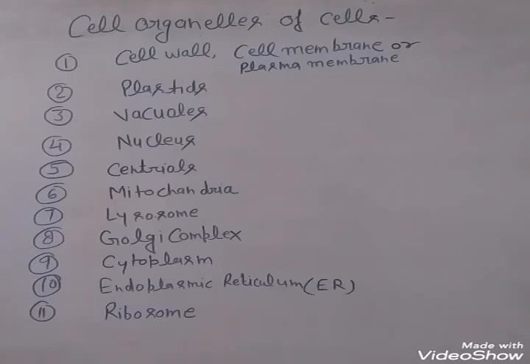Ribosomes are of two types and help in protein synthesis with the help of the endoplasmic reticulum. The first type is 70S ribosomes and the second type is 80S ribosomes. Higher animals have 80S ribosomes, while plants and lower animals have 70S ribosomes.